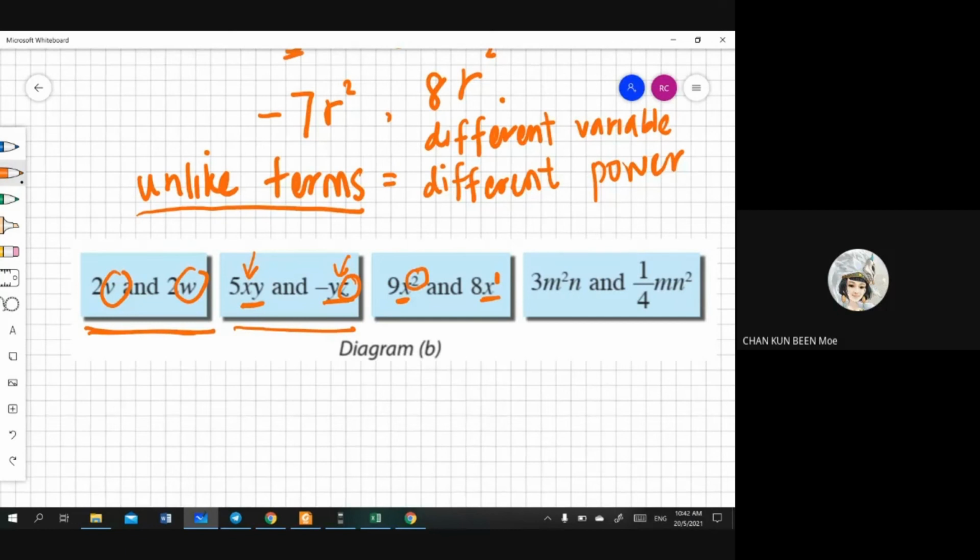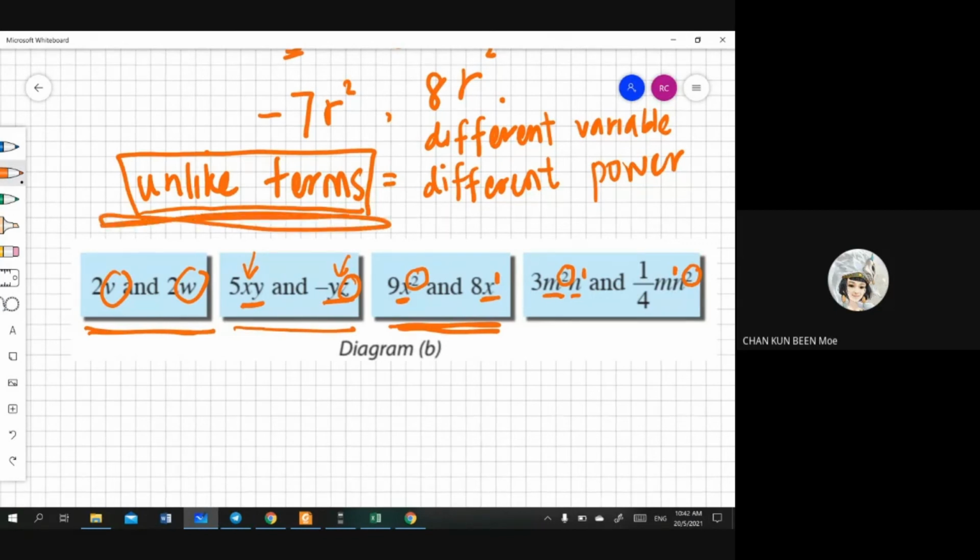So the power is different, meaning they are unlike terms. And the last one, you can see m squared n. The power of m is 2, but the power of m over here is 1. Same thing for the n, it is squared over here, but n is 1. So the power is different, meaning they are unlike terms. Are you okay?